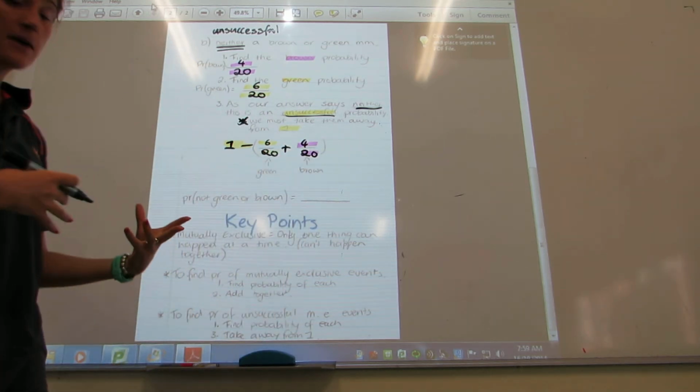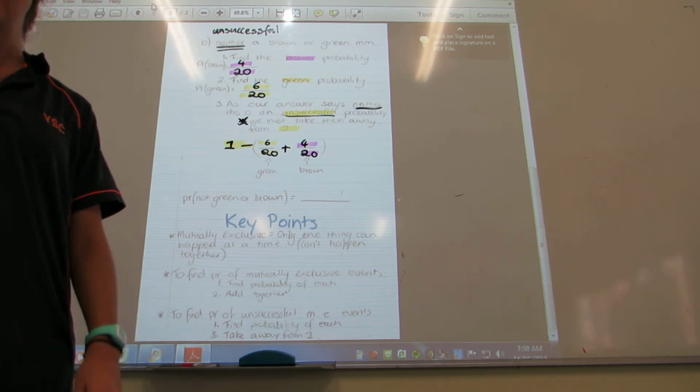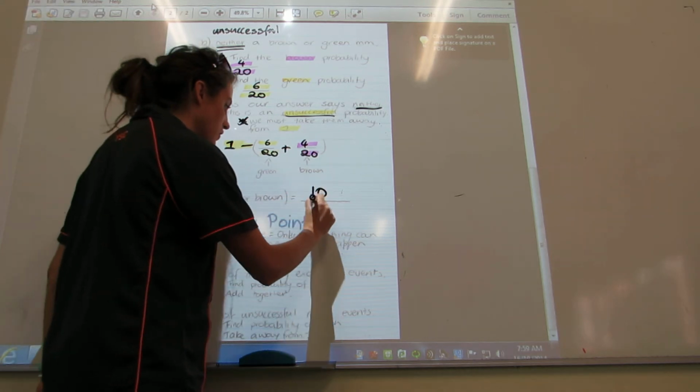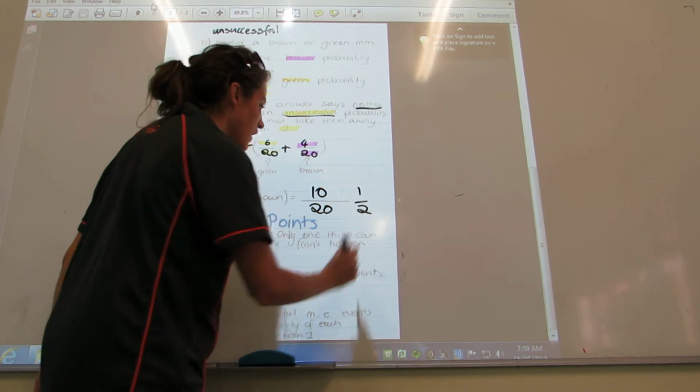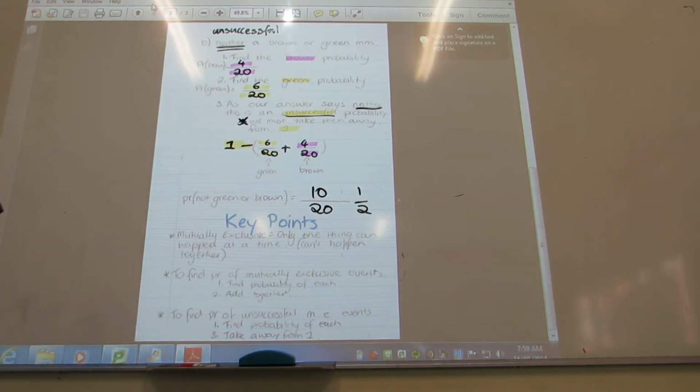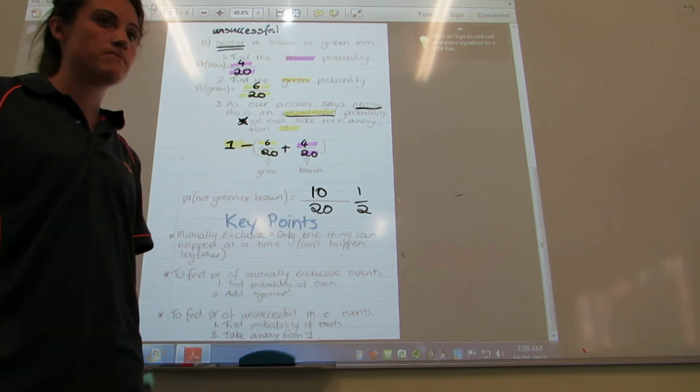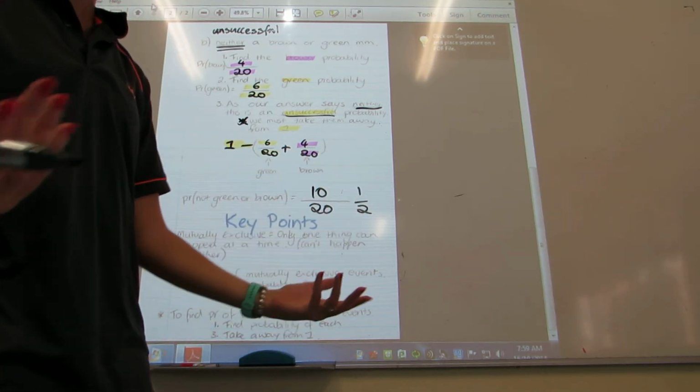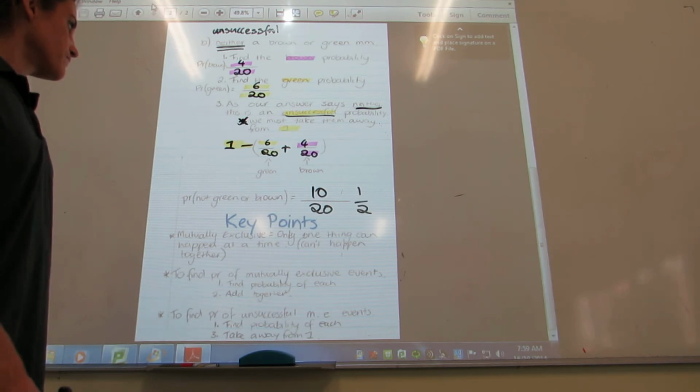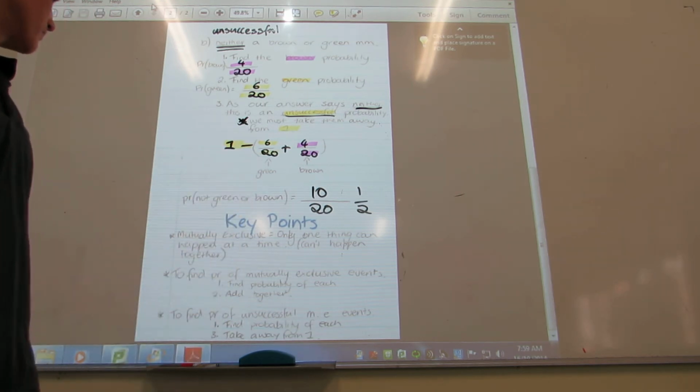Plus them together, take them away from 1, plug it into your calculator. If you don't have one, go and get one. Half. That's our probability. 6 plus 4 is 10 over 20. 1 take away 10 over 20 is also 10 over 20. You must take it away from 1.